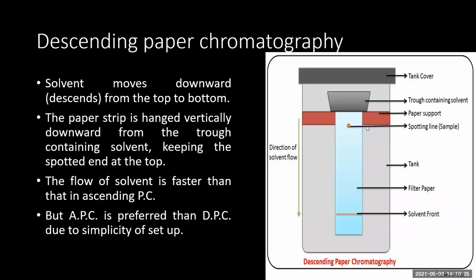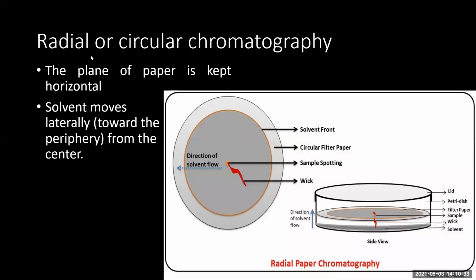In ascending and descending paper chromatography, sample spotting is done at one end. Unlike that, in radial, it is done at the center of the circular paper. And below that, a cotton wick connects the paper to the solvent system.